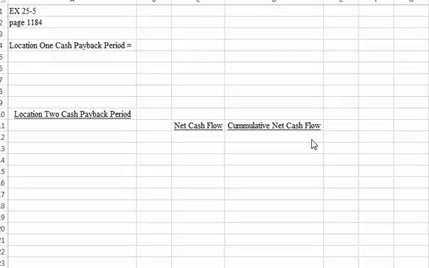So to that point, they're identical. The cost of the machine, no matter where we locate it, is $280,000. The expected total net cash flows, how much cash is it going to bring in over its 8-year life? Well, it's expected to be $448,000 whether we go with location 1 or location 2.